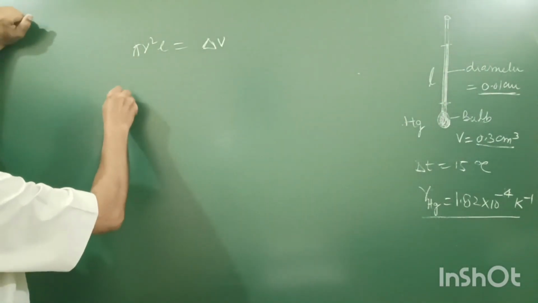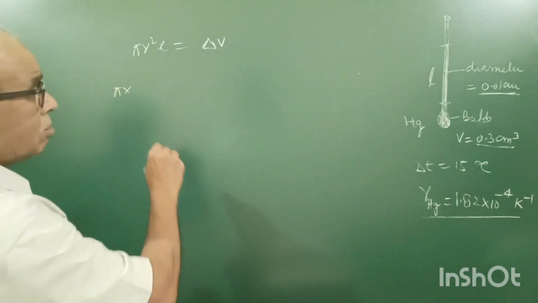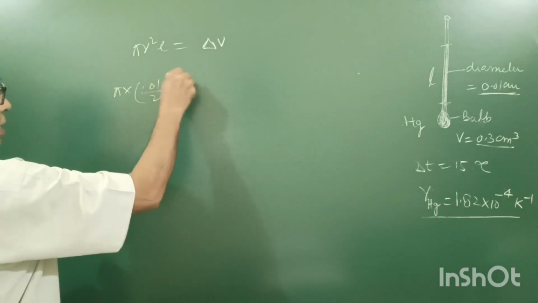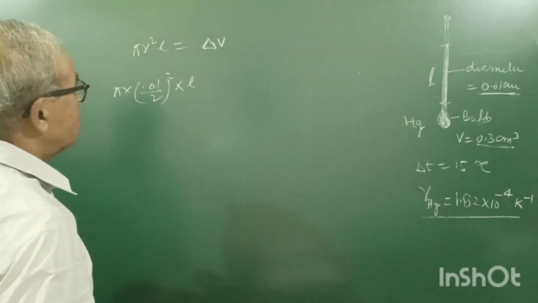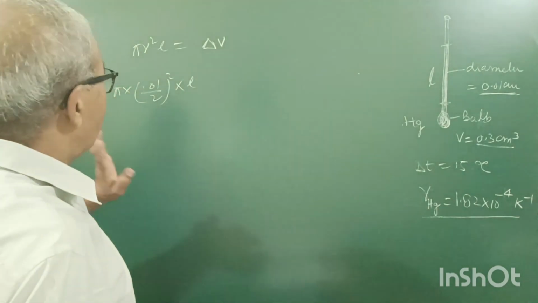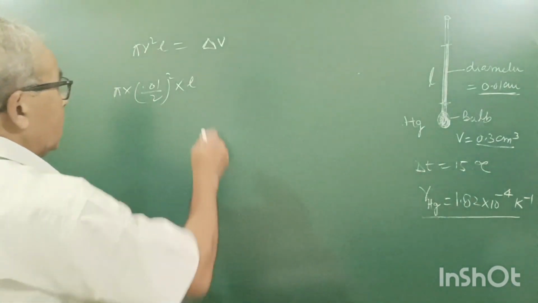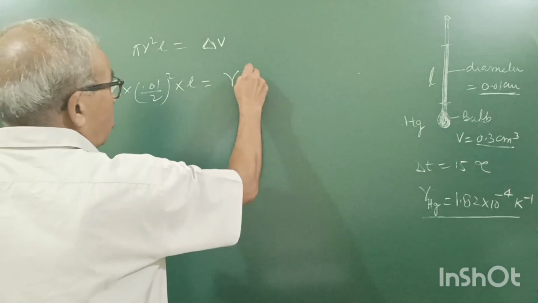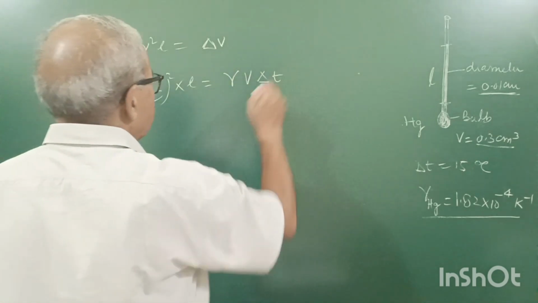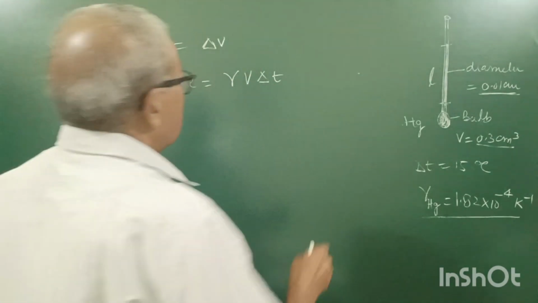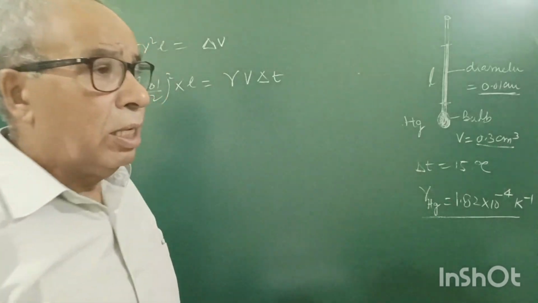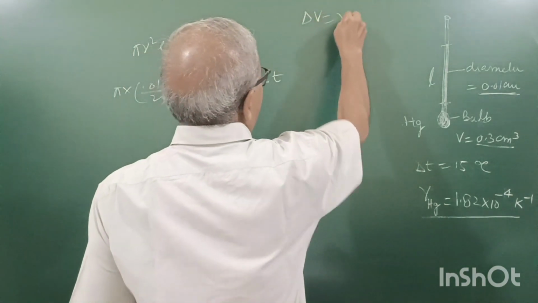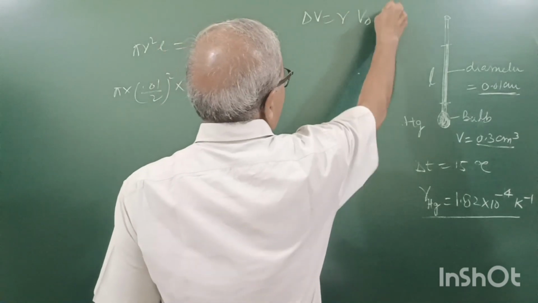So pi into the diameter given is 0.01 upon 2, whole square, into length. Radius equals diameter by 2. And delta V is equal to gamma V delta T. Increase in volume: delta V is equal to gamma V0 delta T.